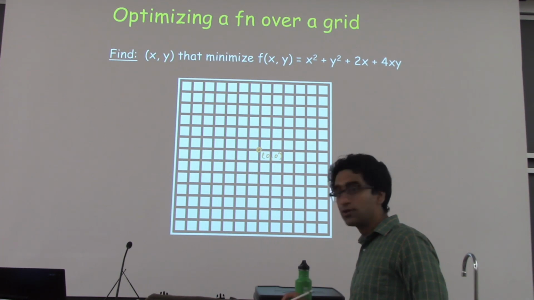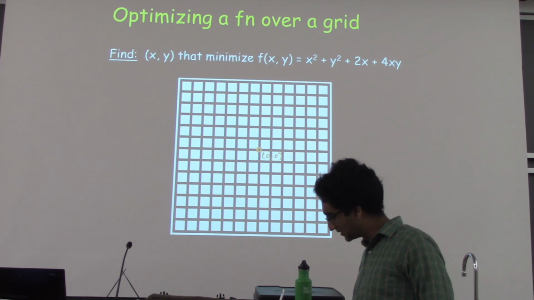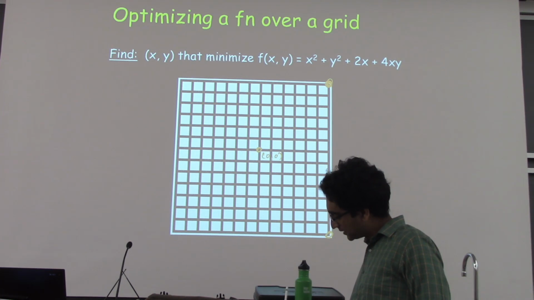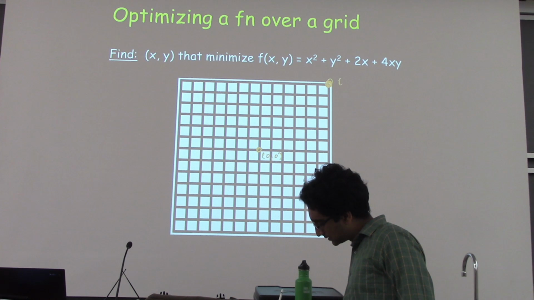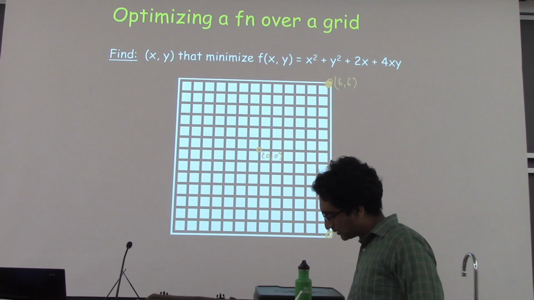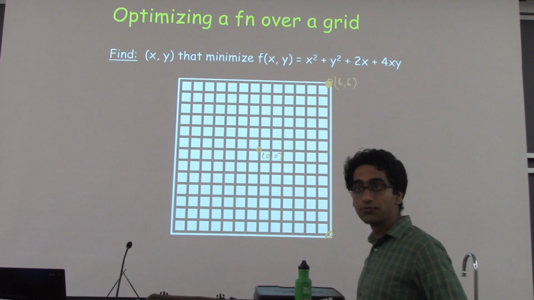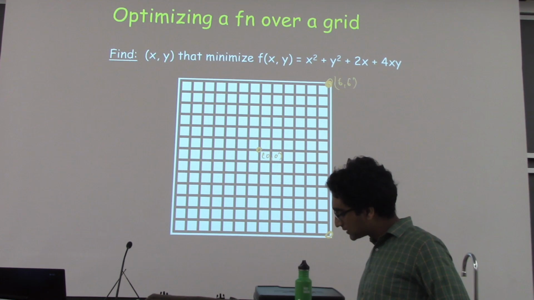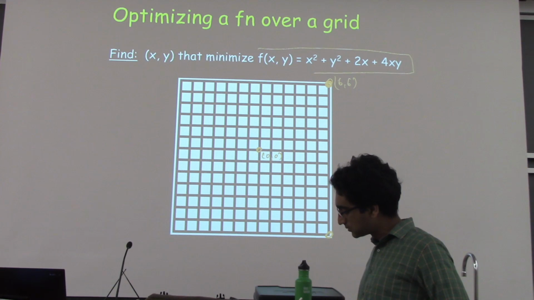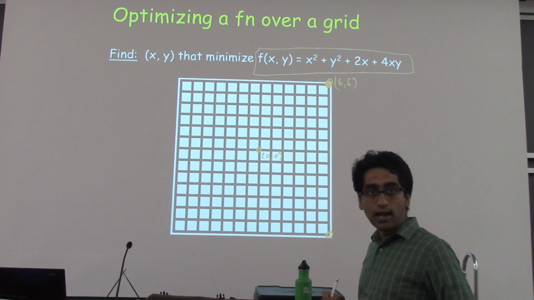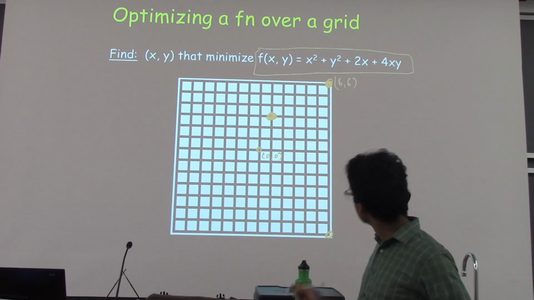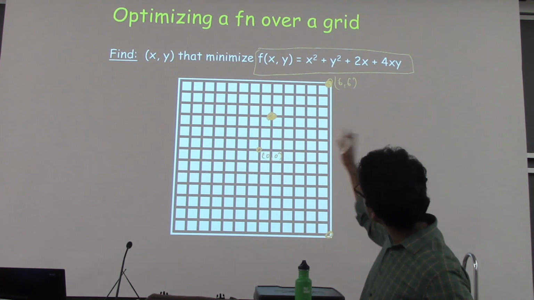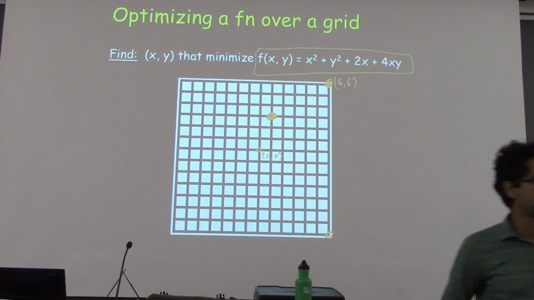Okay. And maybe this point is something like (6, 6), and you have this grid like this. And you have this function f that you want to minimize. I want you to find a point in this grid which minimizes this function f.